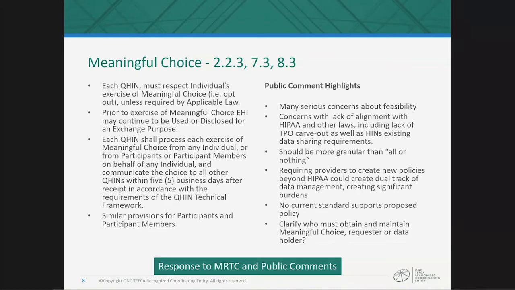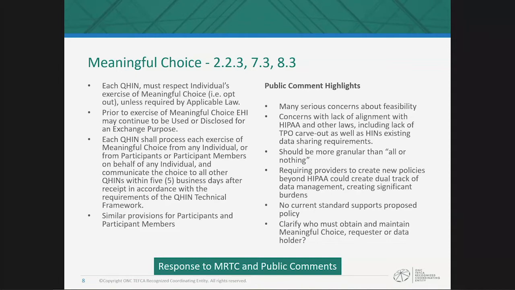So the MRTC says, if there is no exercise of choice, or if someone opts in and then later changes their mind, it's okay for information to have been exchanged, accessed, used, or disclosed prior to the individual opting out. So there's no retroactivity to that opt-out. It would be prospective, but not retroactive.